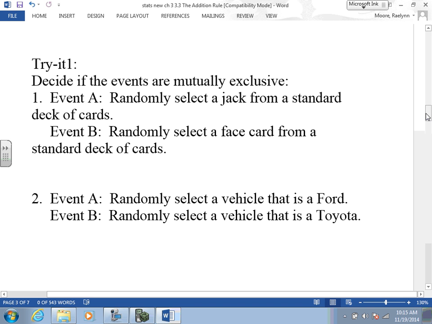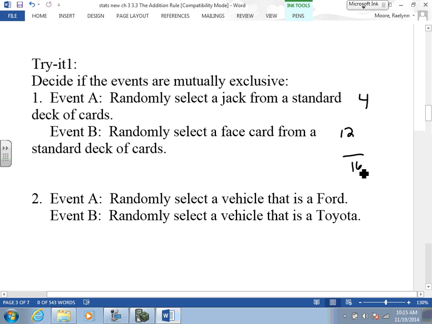I ask for a jack here, and I get a jack here. So if I'm counting all my cards, watch. How many jacks in my deck? 4. How many face cards in my deck? 12, 4 times 3. Right? Now, if I add these together, I get 16.